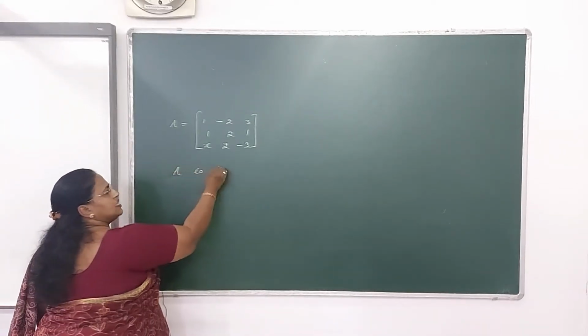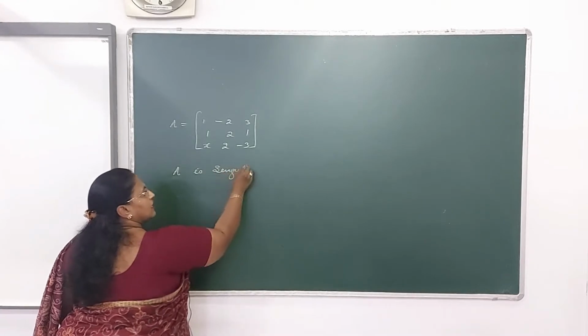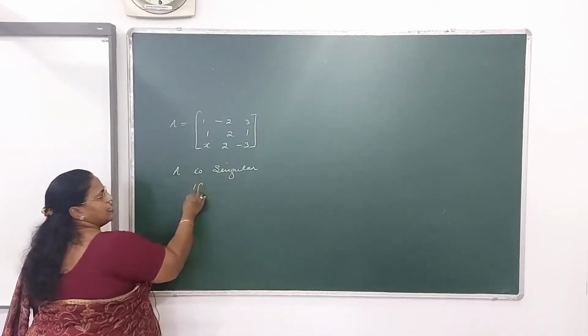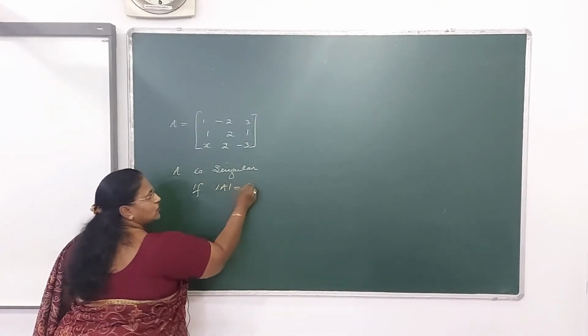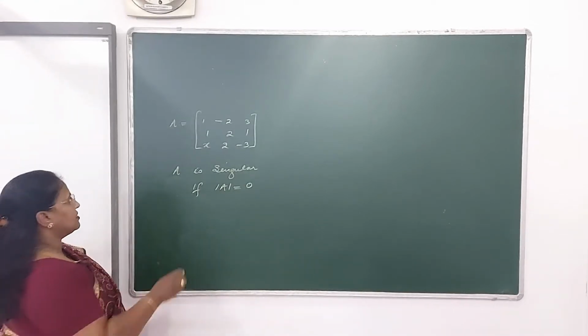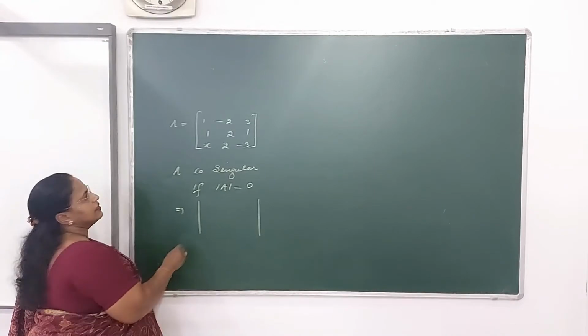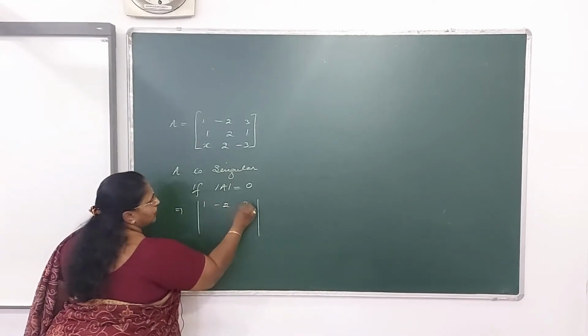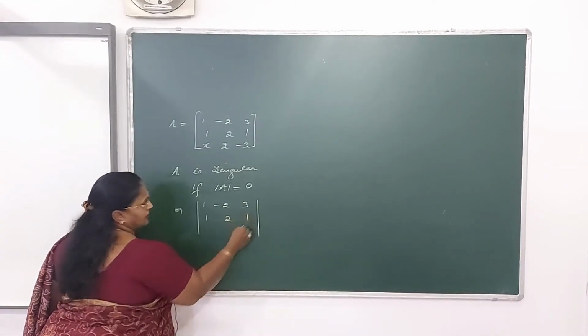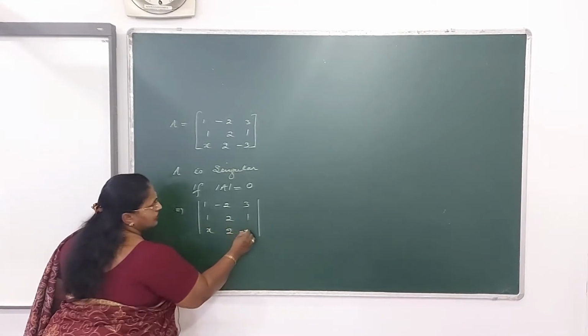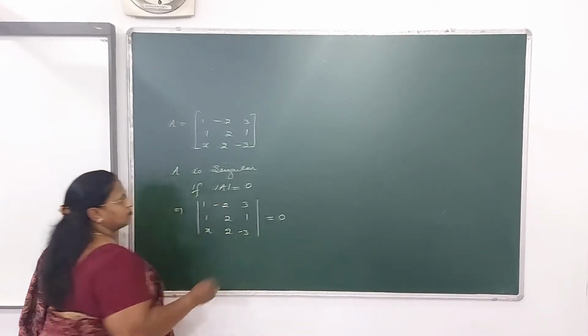A is singular if determinant of A is equal to 0. So let us write down the determinant. So determinant of A means determinant 1, minus 2, 3, 1, 2, 1, x, 2, minus 3, this is equal to 0.